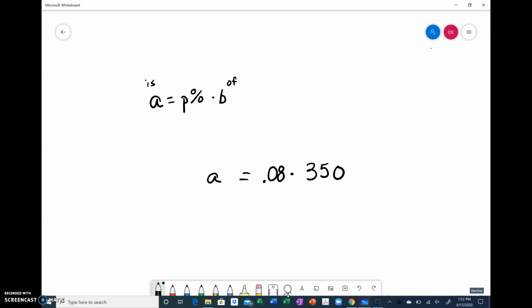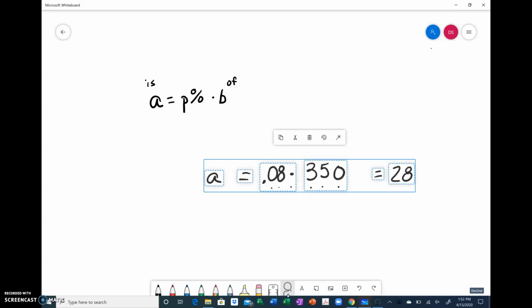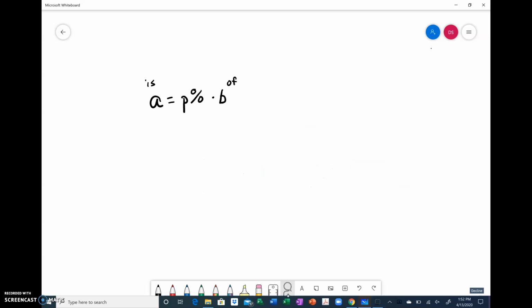So into my calculator, I would just hit 0.08 times 350, and you will get, if you want to pause it before I say the answer, it is $28. Okay? Now, what I want to do with the remainder of my time is look at some of your homework problems that might cause you some problems.